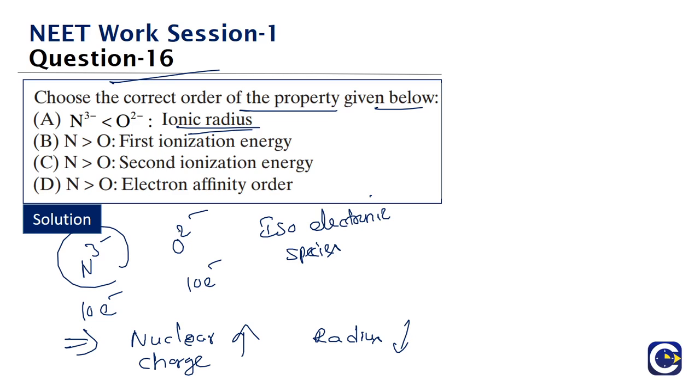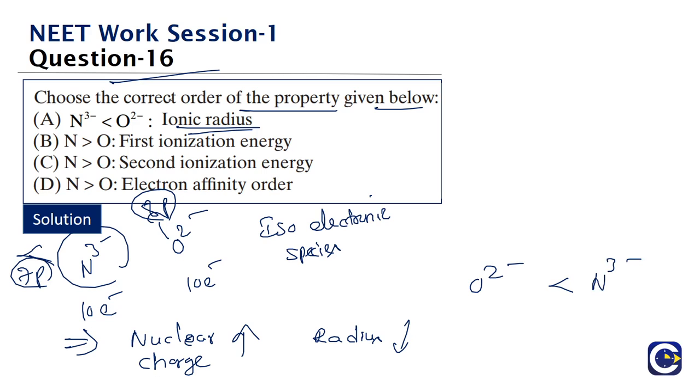Inside the nucleus, the number of protons will not change. Nitrogen, what is the number of protons? 7 protons. Oxygen, what is the number of protons? 8 protons. Where the nuclear charge is more? Oxygen case. Which means what? When the nuclear charge is more, the radius will be less. Means O2 minus will have a lesser radius than the N3 minus.